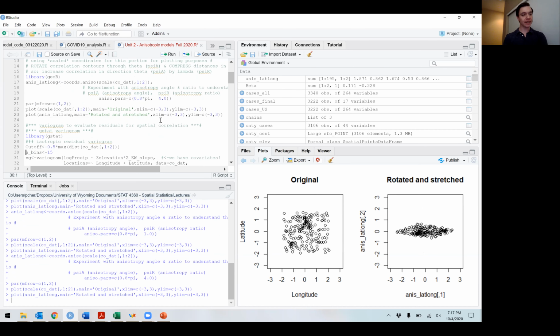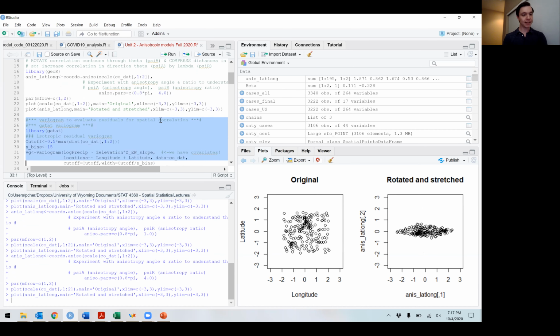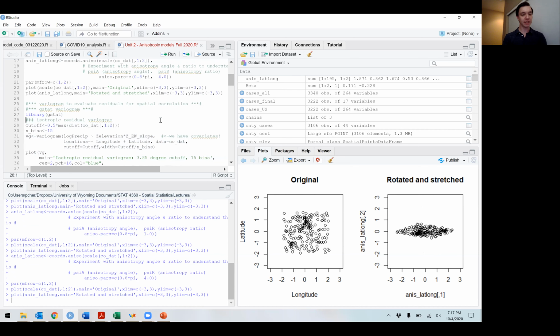I have a tool called the variogram. Here's what the isotropic variogram looks like. And in fact, if I'm being precise, this is the residual variogram because my data come with covariates. We have a covariate for elevation, the centered and scaled elevation. We have a covariate for slope.